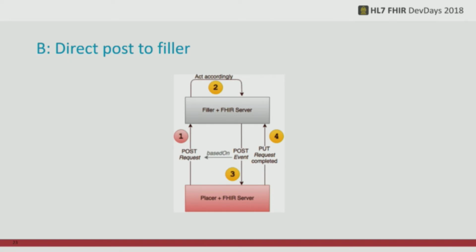So the simple situation of I'm just going to post the request resource to the server of the filling system that I want to do this. And we have a mechanism where you can put a tag on the resource, which lives outside the signature, that designates it as this is something I actually want you to execute, as opposed to something that I'm sending you for your information.